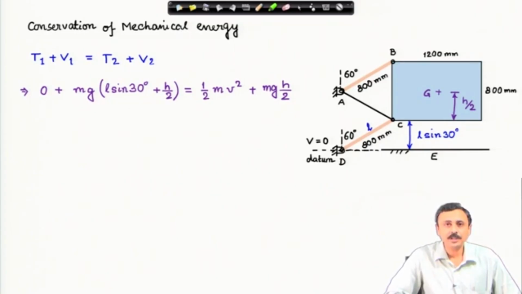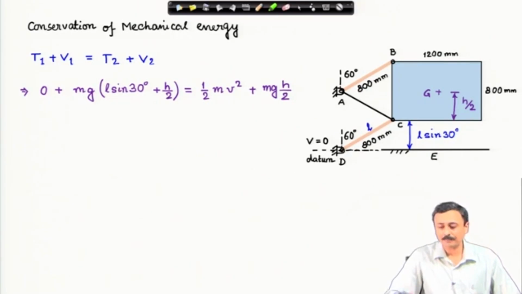Therefore, this is the initial potential energy just after the string breaks, and that must be equal to the total mechanical energy just before it hits the ground. It has a velocity v, therefore the kinetic energy of the plate is half m v square.